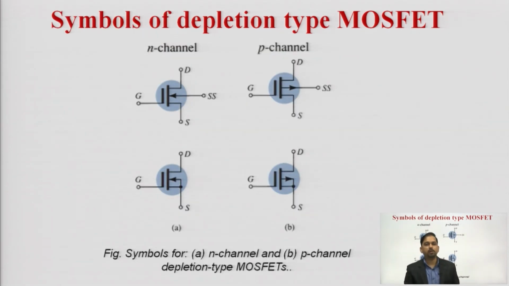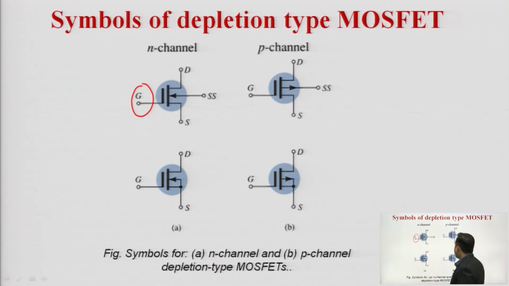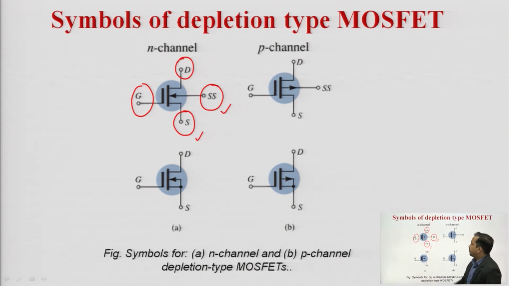Now, we will see the symbols, what are the symbols for the depletion type MOSFET. Now, there are two types of symbols. If we look at this first symbol here, it has 4 terminals, what we have talked about for the MOSFET: the gate, drain, source and substrate.